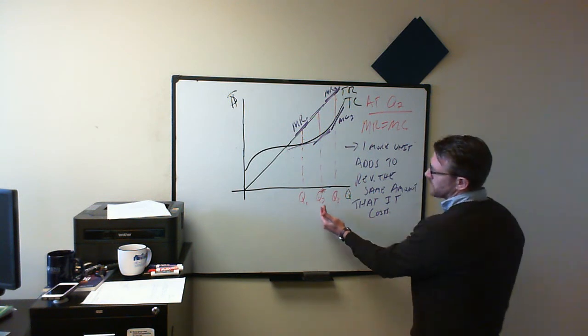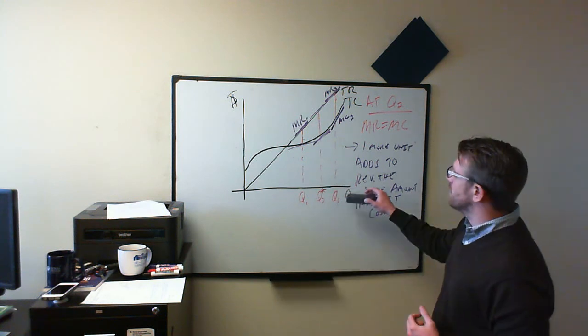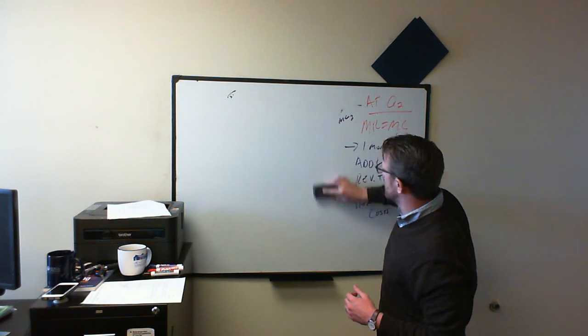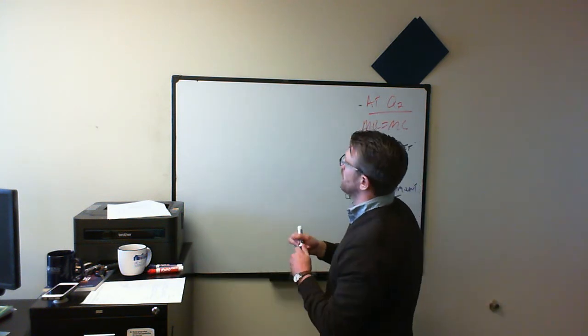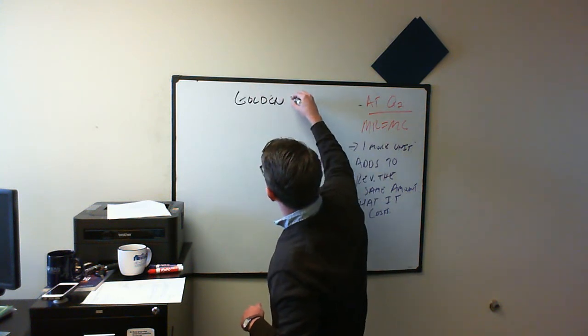And so Q star gives us our first taste of what is the golden rule of profit maximization. This is not an industry term, but I'm going to call it this.